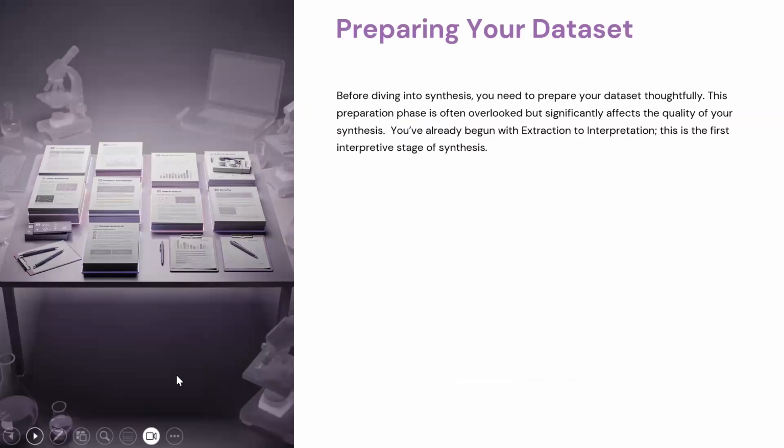So that then leads to the question of how to actually prepare your data set. Before diving into any type of synthesis, you need to make sure that your data set is thoroughly prepared. The preparation stage is often overlooked, but it significantly affects the quality of your synthesis, and it also has an impact on what type of methodology or approach you use going forward.